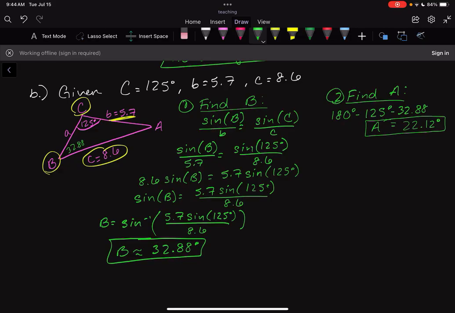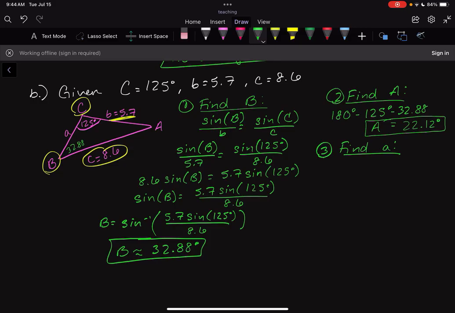Now I can go get side A. Be careful here. We do need to use angle A to get side A, so we're going to have to use a rounded value. But we are still going to use angle C and side C to help us, because at least those values aren't rounded. So try to use as little rounded information as possible. I'm going to get side A right now.